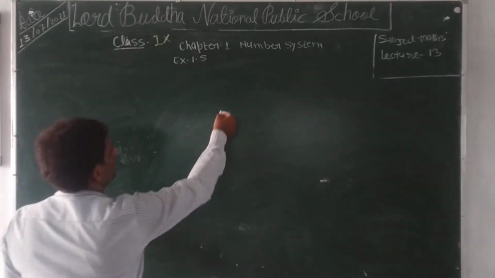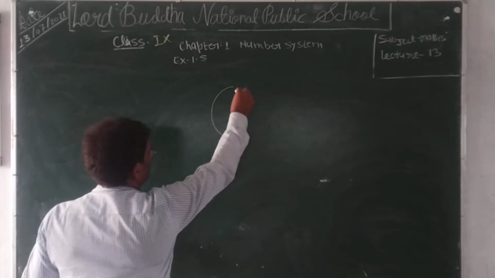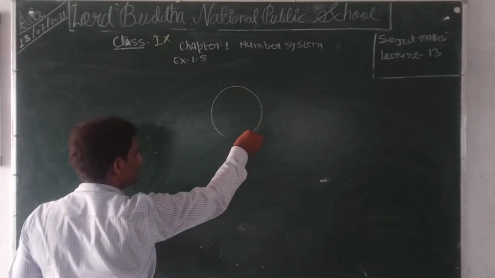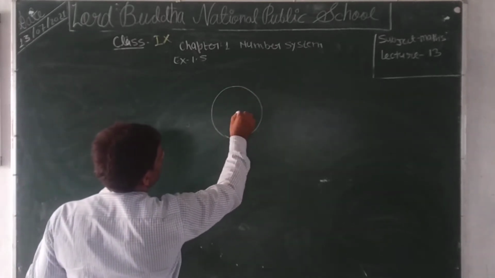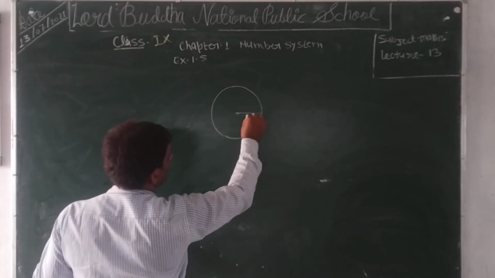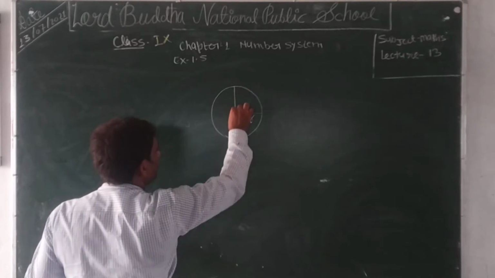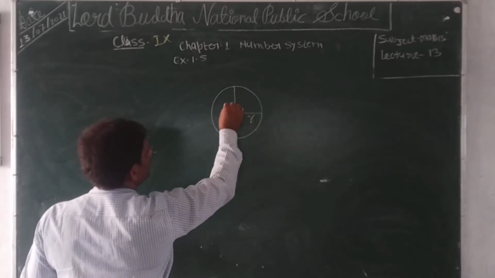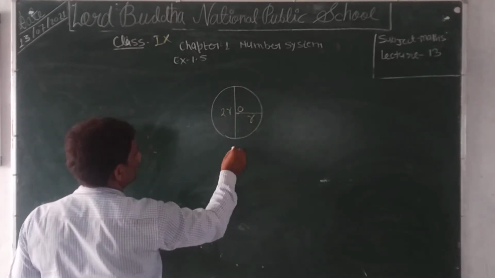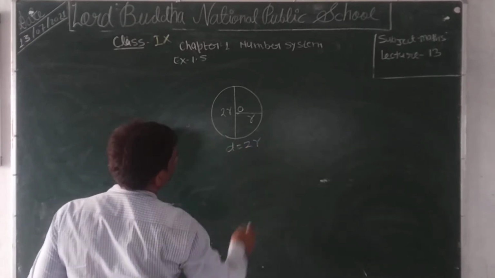Clear? As you know, it is a circle and its radius is R. And the diameter is 2R, D equal to 2R.